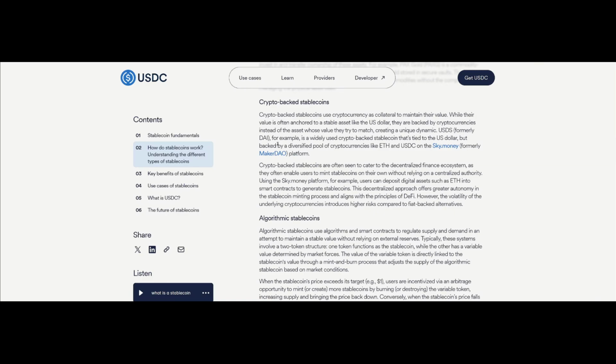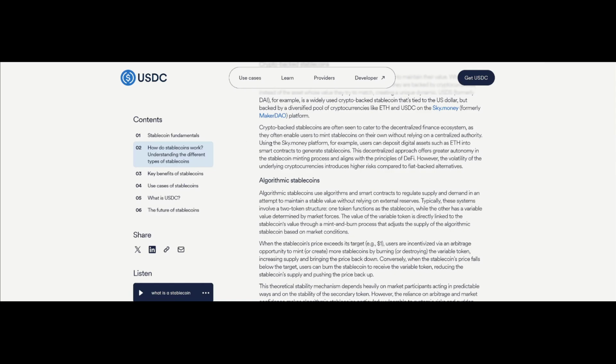USDS, formerly DAI, for example, is a widely used crypto-backed stablecoin that's tied to the US dollar, but backed by a diversified pool of cryptocurrencies like Ethereum and USDC on the Sky.money, formerly MakerDAO platform. So it's like you're playing around with stuff that fluctuates in value and some stuff that doesn't. So that's scary as well, right?